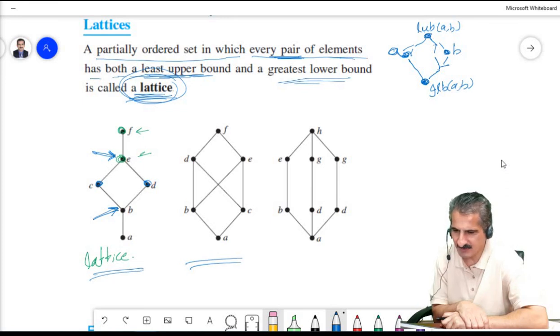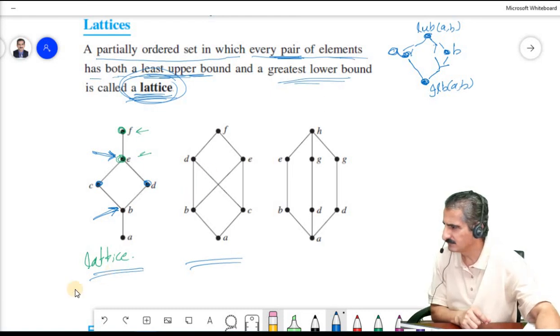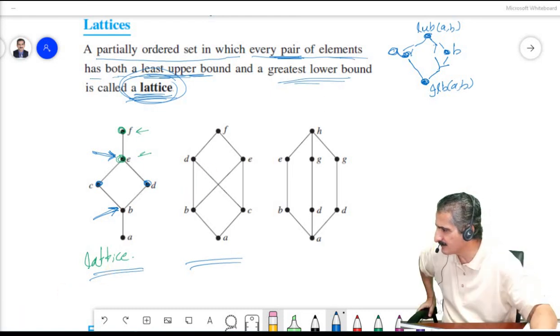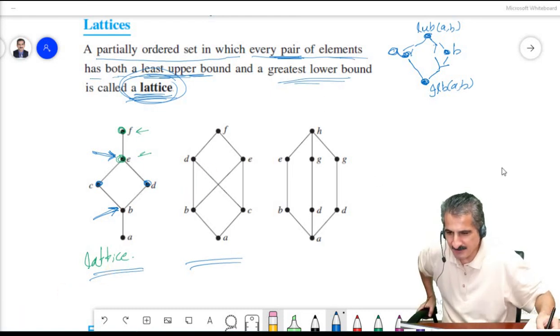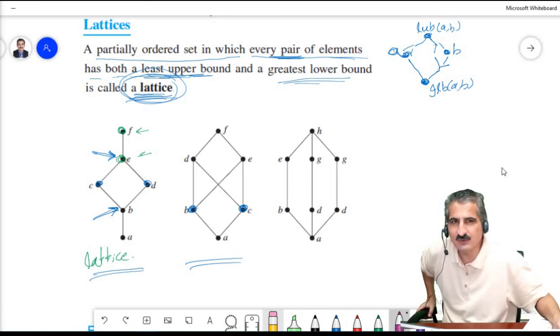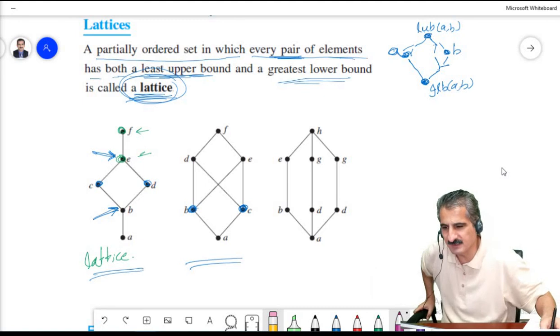So what do you think, guys? Is it a lattice or not? The pair B and C. Give me the set of upper bounds of B and C. It is D, E, and F, right?